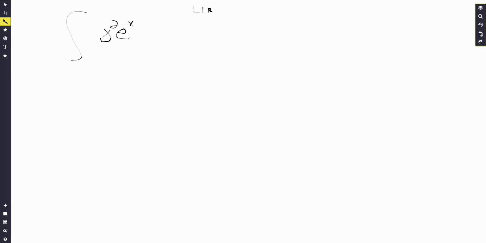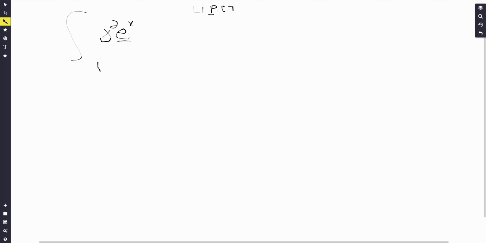Okay, our next question is going to be the integral of x squared e to the power of x. Okay, same process. We have a polynomial here, so let's just write LIPET here. So we have a polynomial x squared, and then an exponential of e to the x.